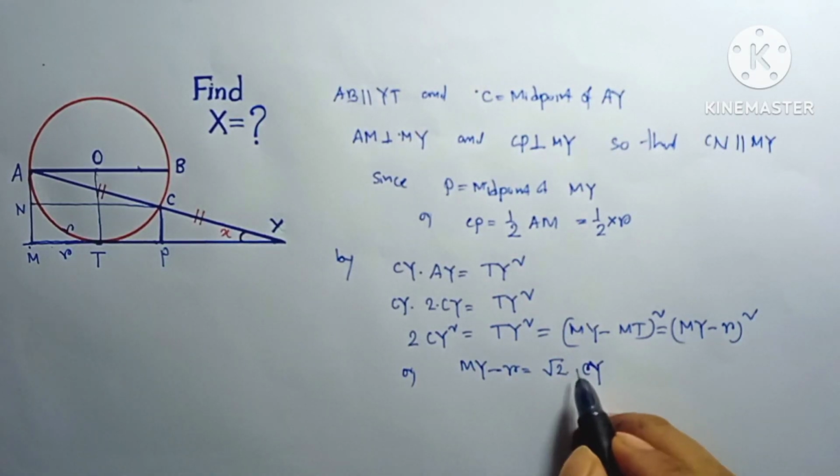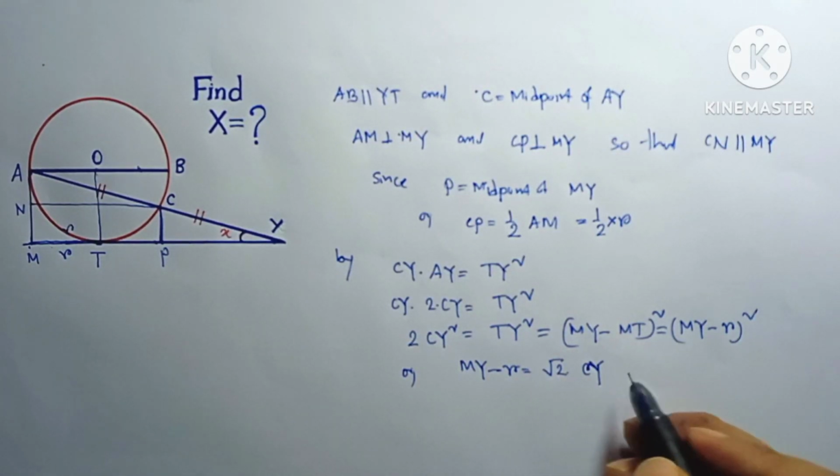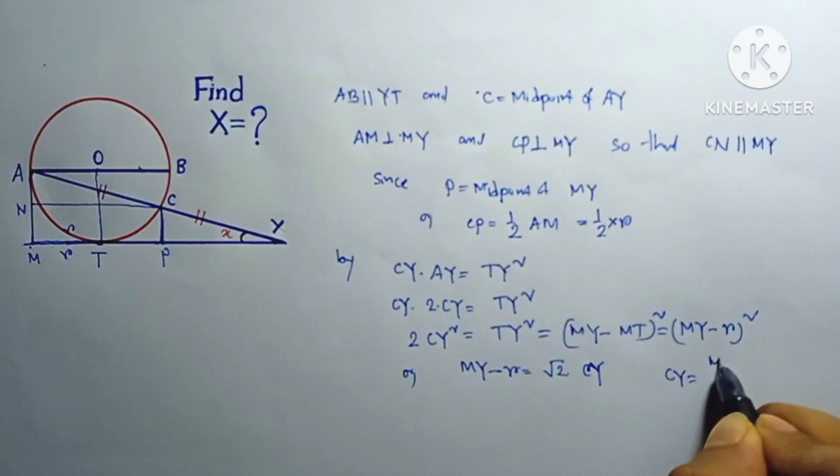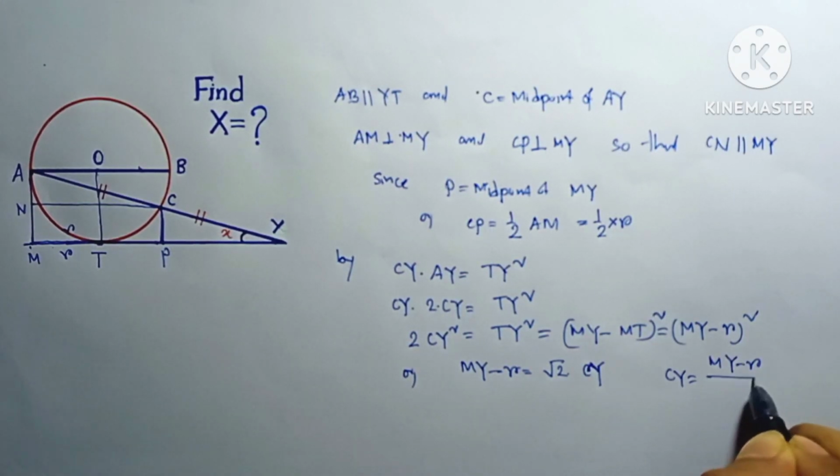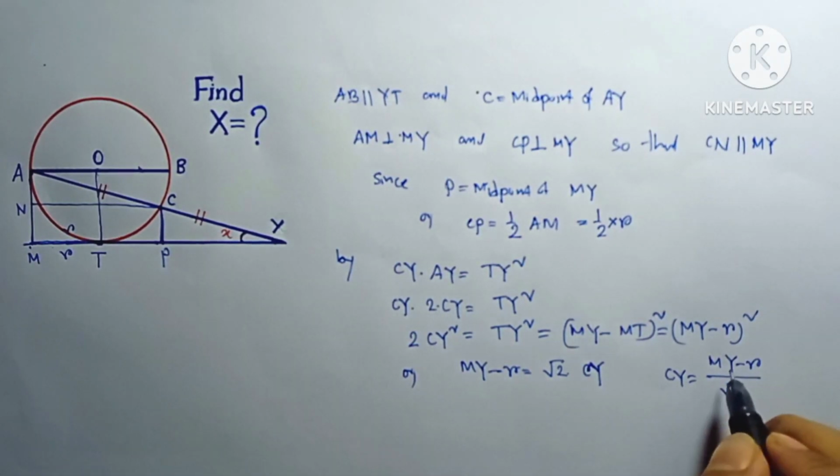Now we have CY is equal to MY minus R over root 2.